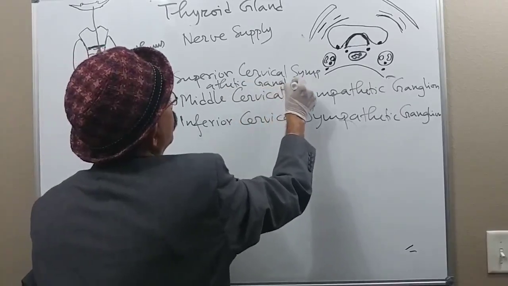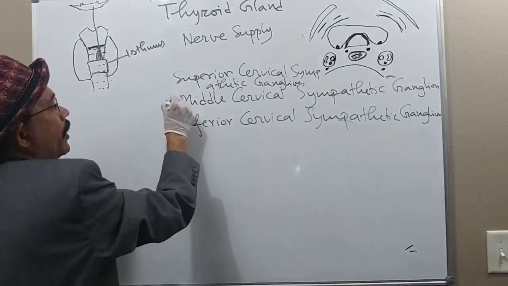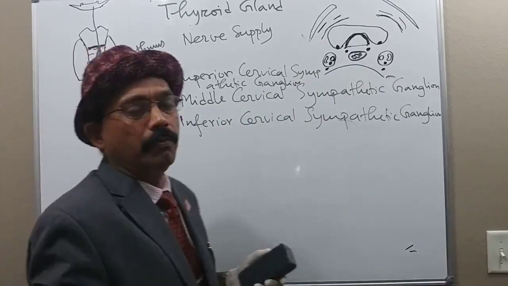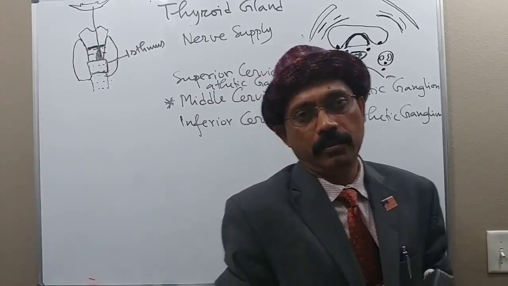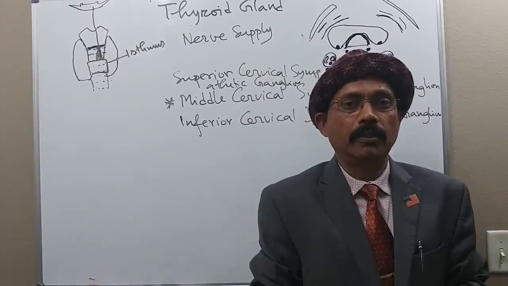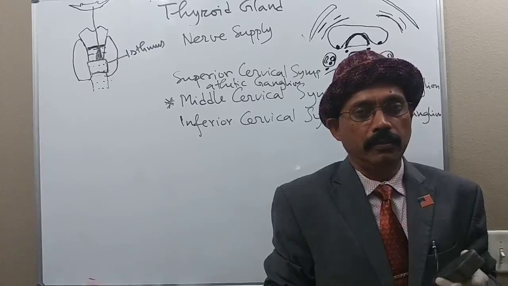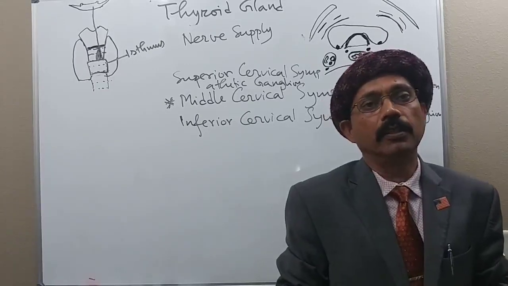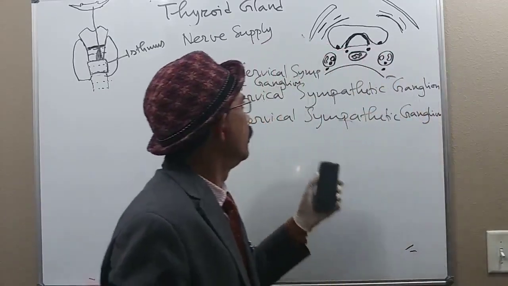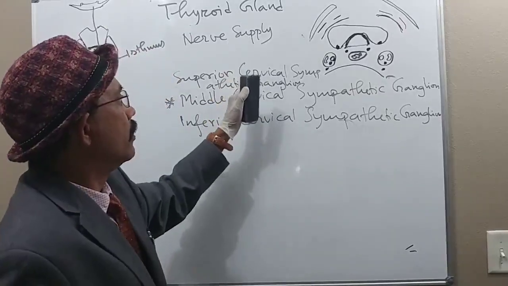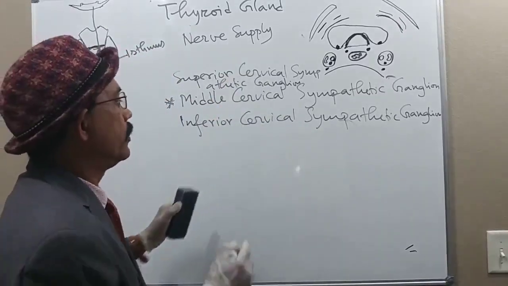So mostly from the middle cervical sympathetic ganglion, but the thyroid gland also gets innervation from the superior and inferior cervical sympathetic ganglia. What is the role of the sympathetic nerve supply to the thyroid?